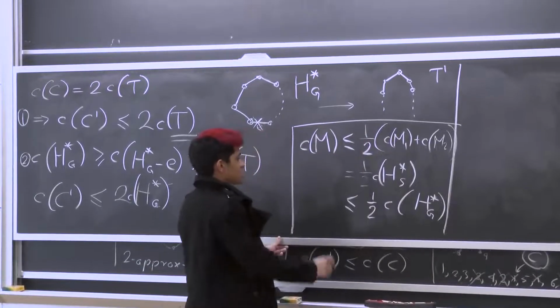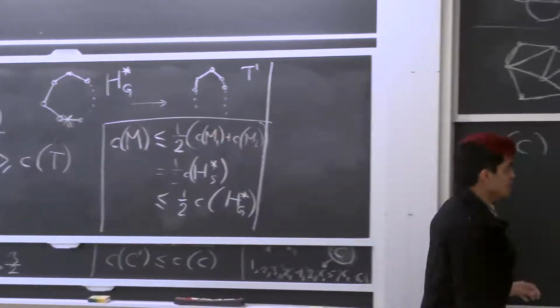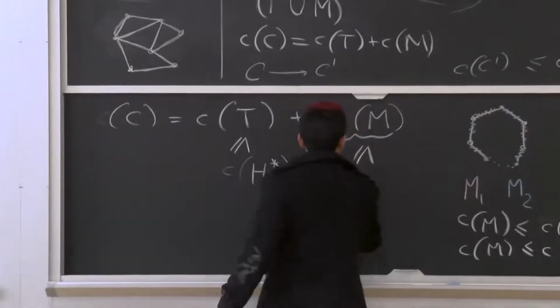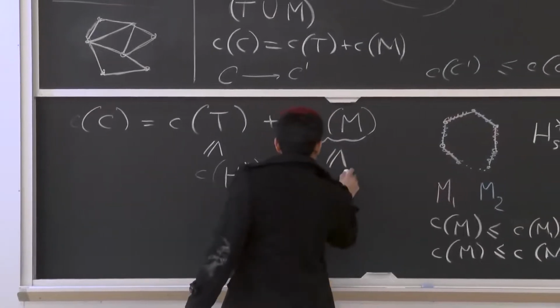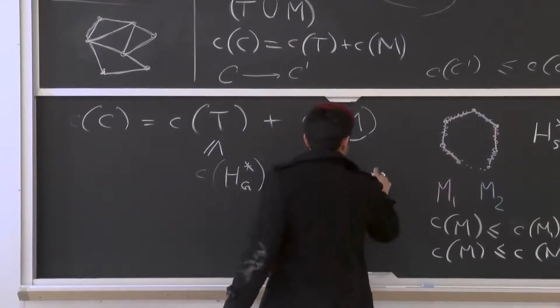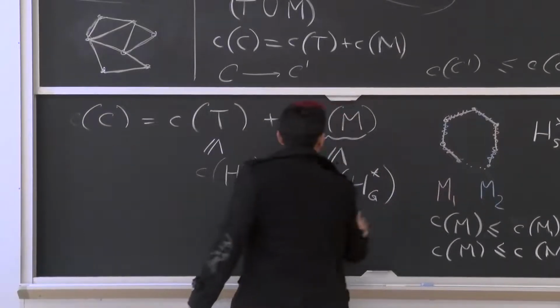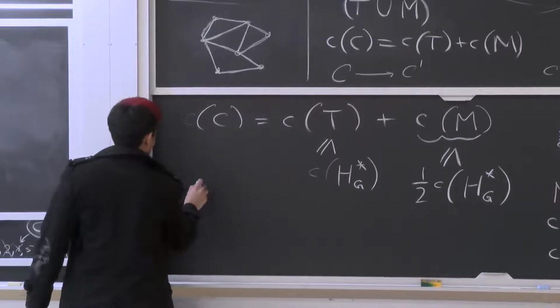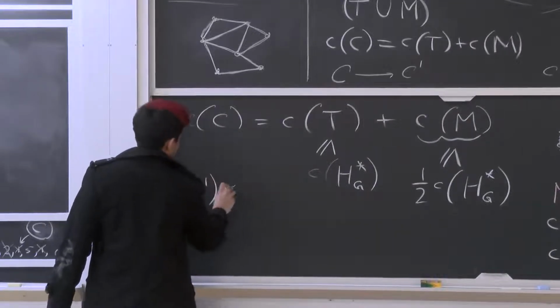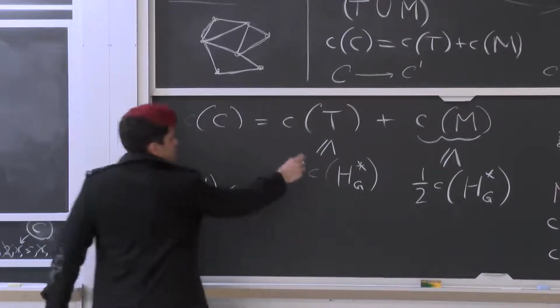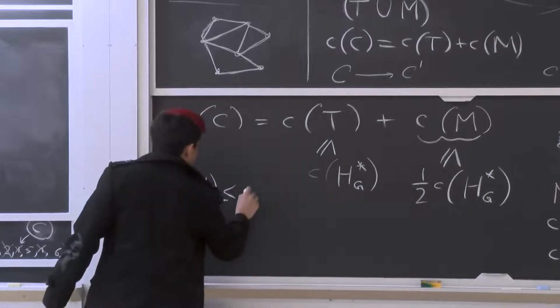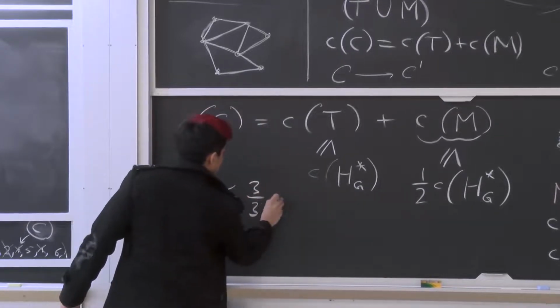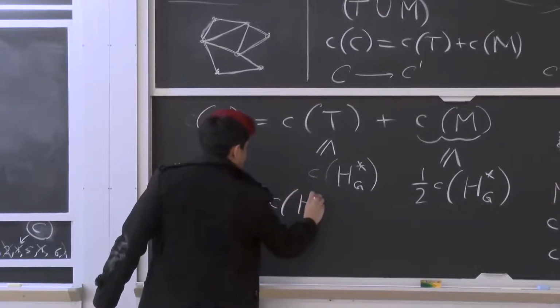So now we have all we need. This is less than or equal to half cost of h star of g. And then add them together, you get cost of c dash is less than or equal to cost of c, which is less than or equal to the sum, which is equal to 3/2 cost of h star of g.